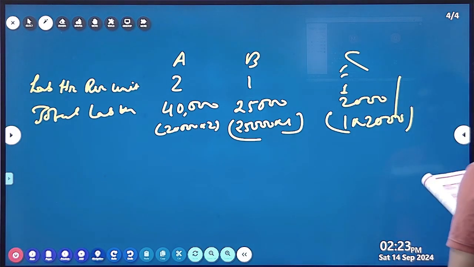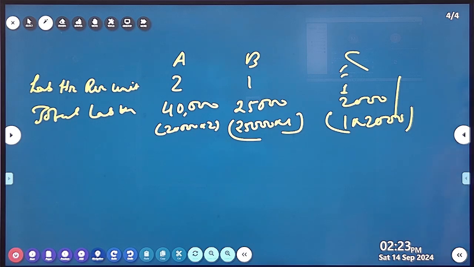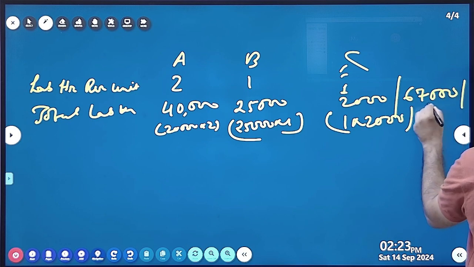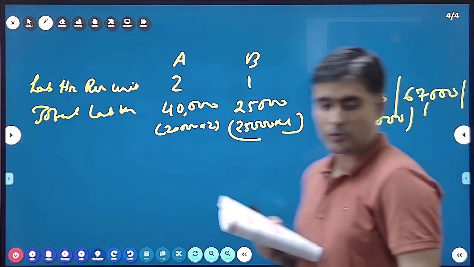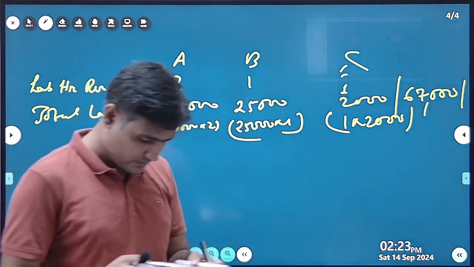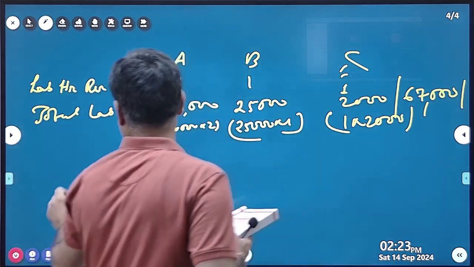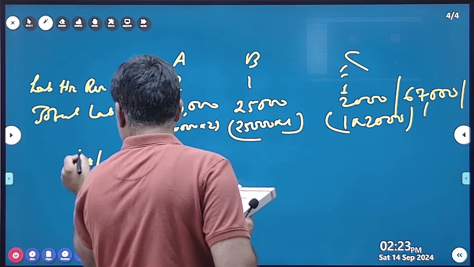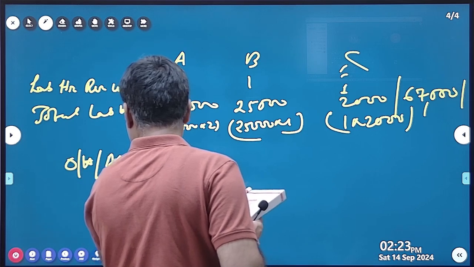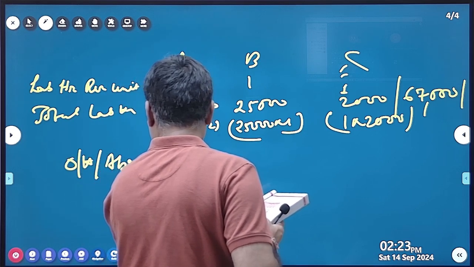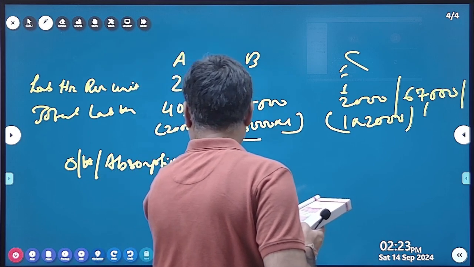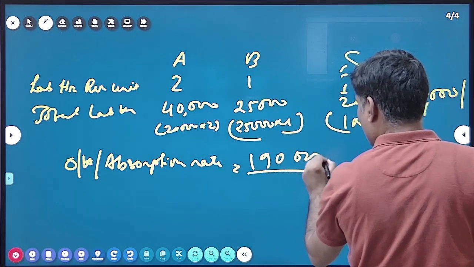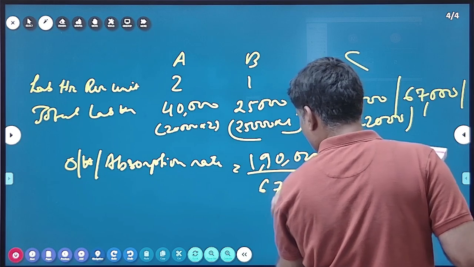How much? Total labor hours is 67,000. So overhead absorption rate. How much?